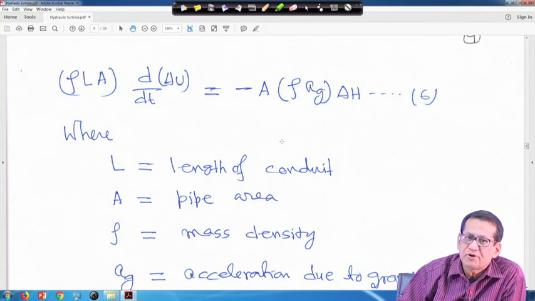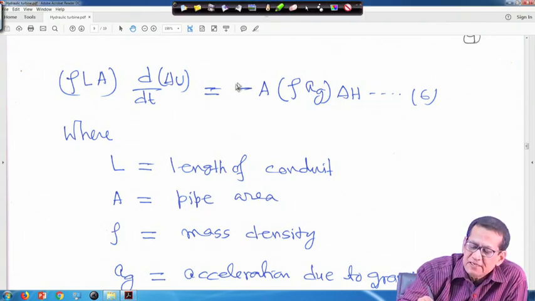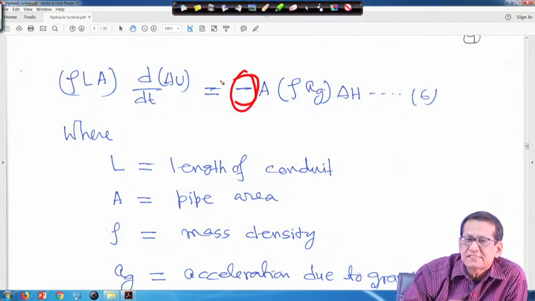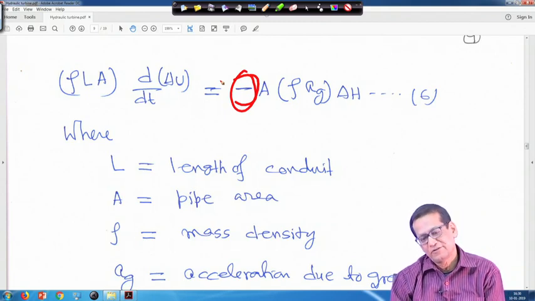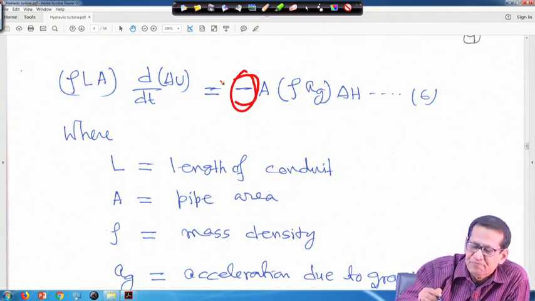Here is a question for you: why this minus sign?